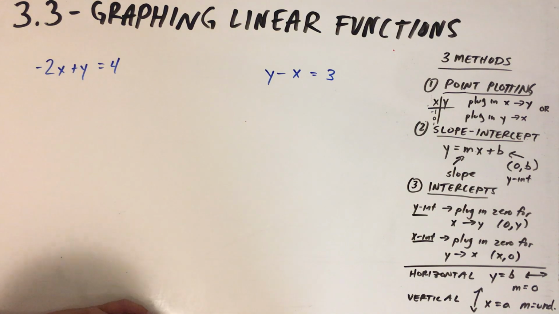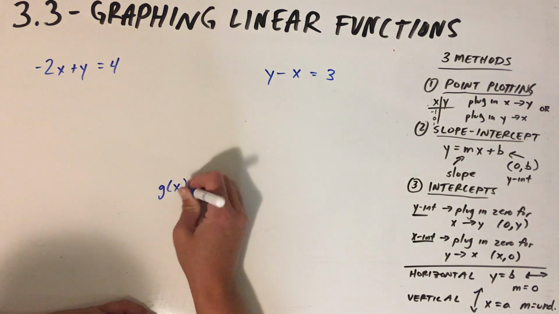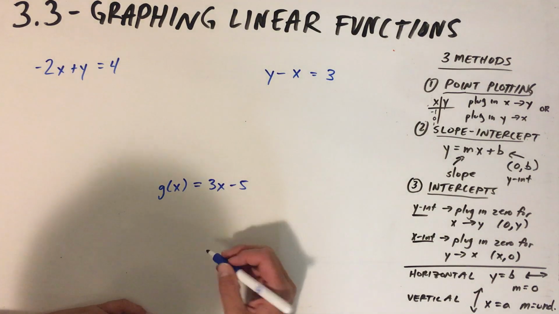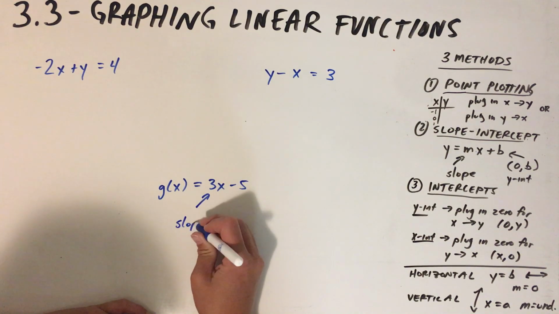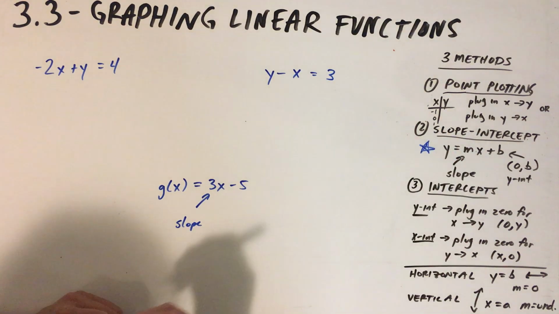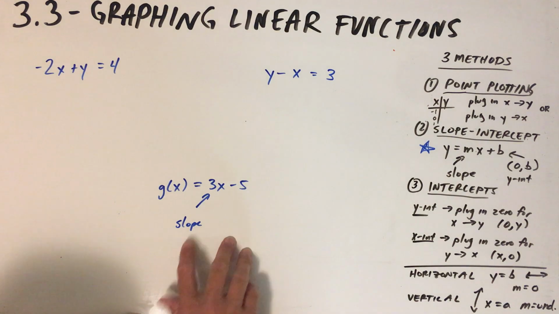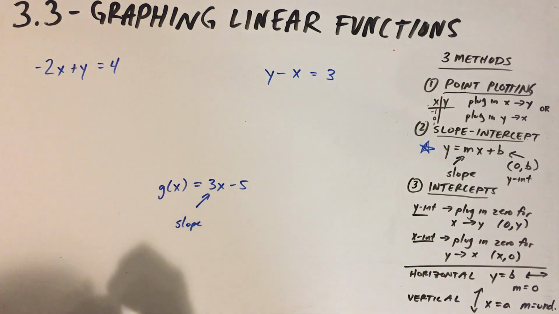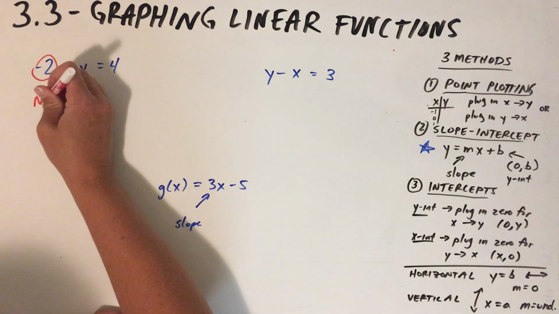Something I paused for and was thinking, oh, I need to say that. Let me say it real quick from the last example. You can only interpret this here as slope when you're solved for y, and I think I said this at the beginning of the other video. So looking at this equation, I can say, oh, the slope is 3, but right here, I can't say that the slope of this line is 3 because this is not in slope-intercept form.